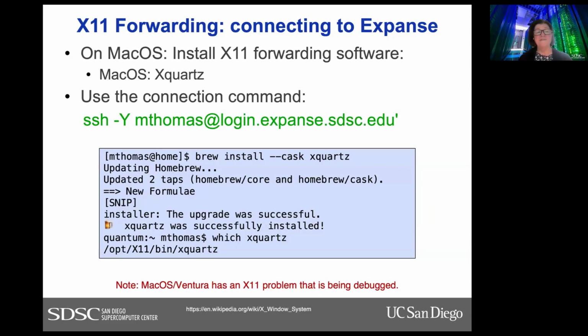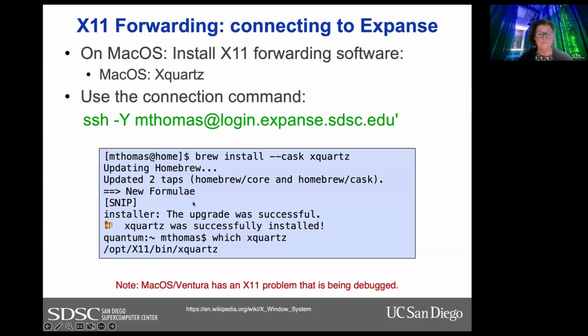And if you have a GUI app that you want, maybe we could get that integrated into the portal if there's a community that needs it. But under normal Expanse use, you just install Mac OS XQuartz, and then you use the -Y flag, which tells the SSH system to go ahead and authorize X11 protocols to exchange GUI images, for example, basically.